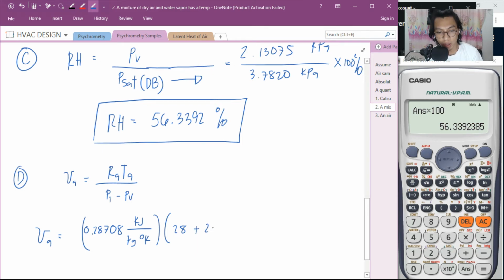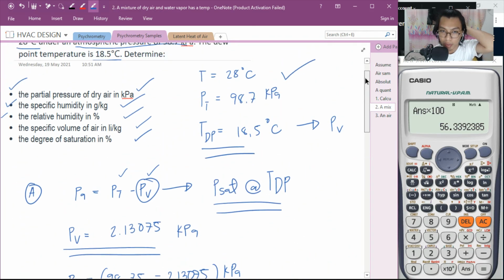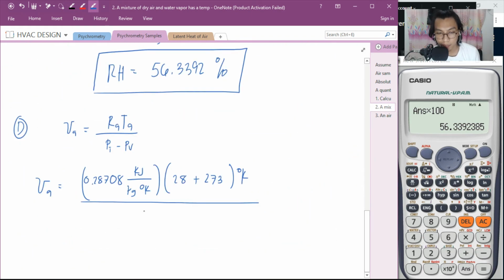Okay? 273 degree Kelvin divided by PT which is, ano ba yung PT natin dito? Binigay niyo diyan. Ayun, 98.7 minus 2.13075. Tanda ko pa rin. Kilonewton per meter squared. Proper cancellation of units, this will become kilonewton meter. This is cancelled, cancelled.